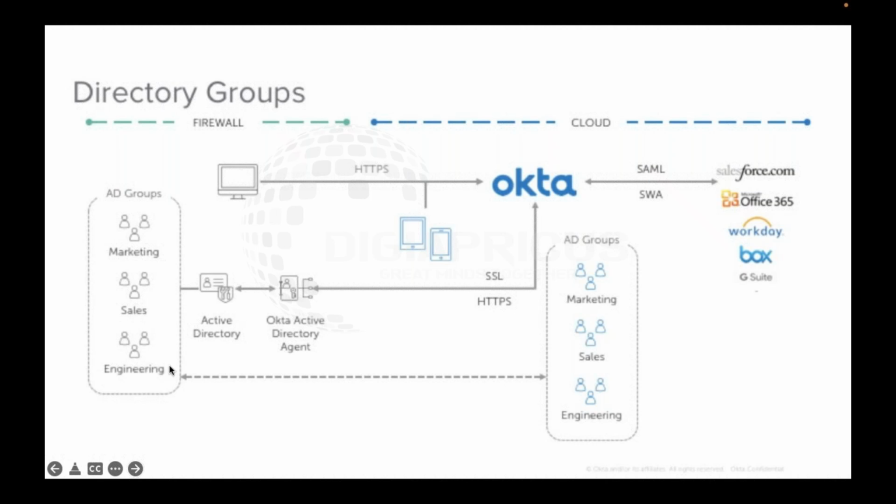These AD groups are moved to Okta because there is a link between Okta and the AD groups. These AD groups are hosted on their own environment, and that's why we have the concept of a firewall over here. They are used to display in Okta, and accordingly, if you do a SAML, secure web authentication, or an OIDC one, you can directly use them without having to store these groups manually on the Okta cloud.